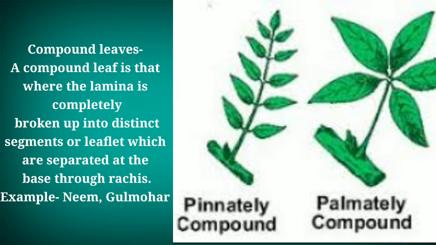In case of the pinnately compound leaf, we don't find any common point, but in the palmately compound leaf, it is attached to a common point at the tip of the petiole, as we can see in case of oxalis. And in case of the pinnately compound, the leaflets form from different points over the rachis. So this is all about the two types of leaves.